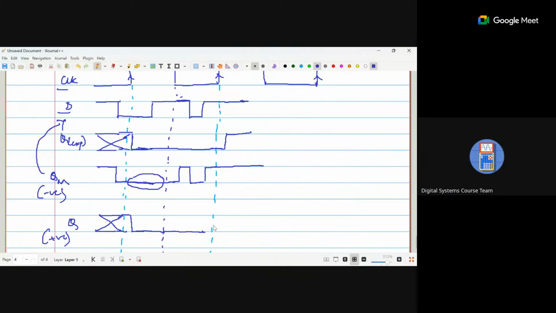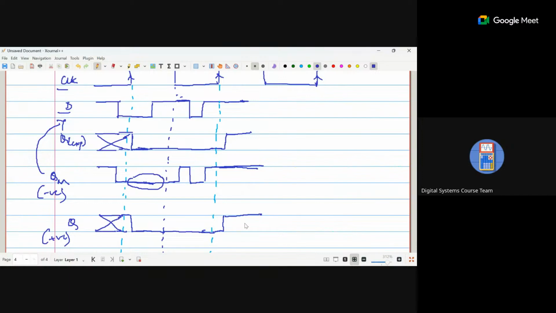And then what happens? Again, you're coming to the positive side here. Your QM is above. It is 1. So after some delay, the output will also change to 1 and continue. Okay.